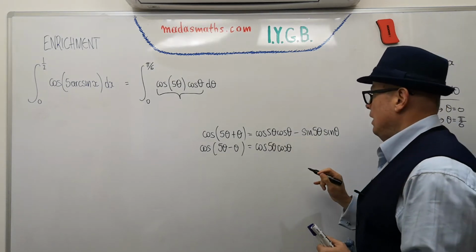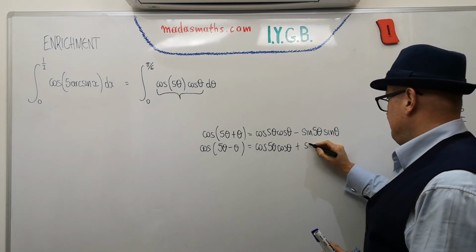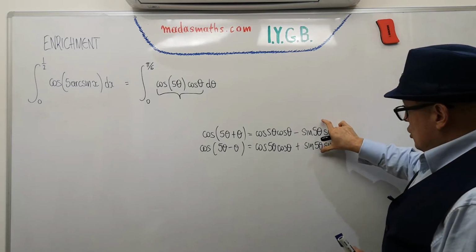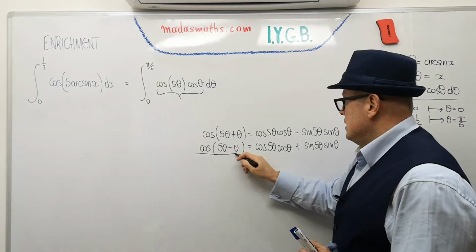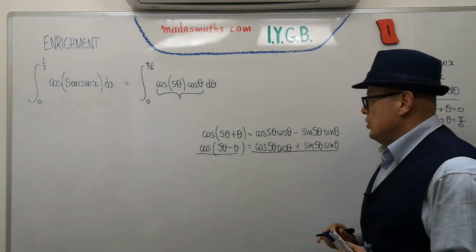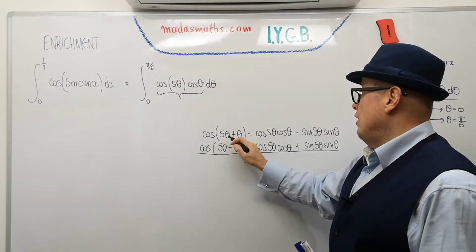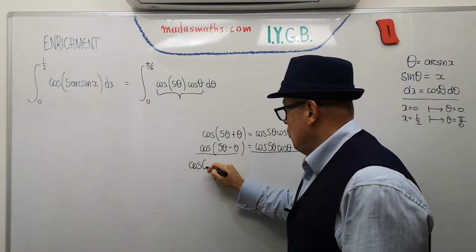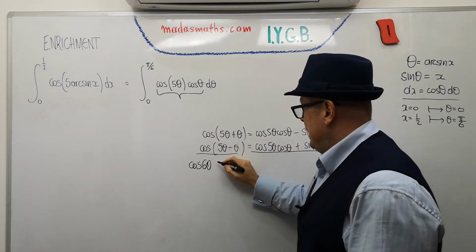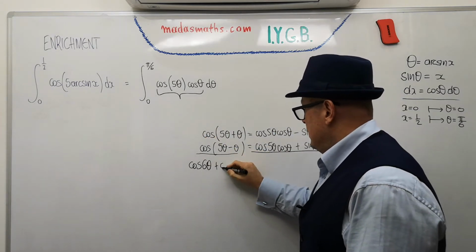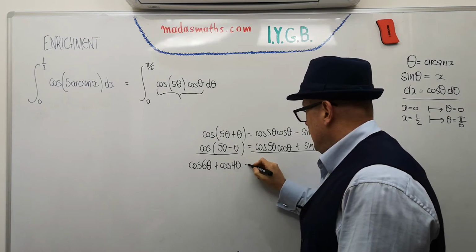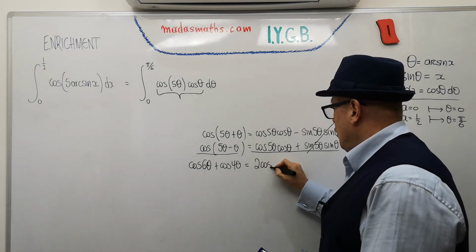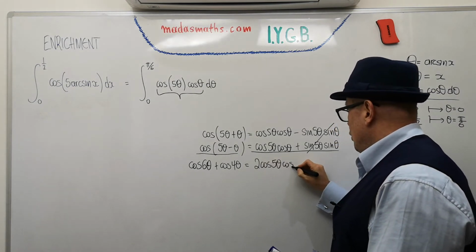So let's see how this will simplify things. Plus sine 5 theta sine theta. What I want to do next, because I don't want this particular quantity, is add both sides of these two expressions. And of course, I don't need to write 5 theta plus theta anymore. That's simply cos 6 theta. So cos 6 theta, that's this bit here, plus cos 4 theta is equal to, this will now cancel on addition, 2 lots of my cos 5 theta cos theta.